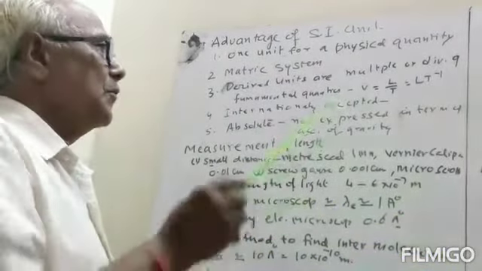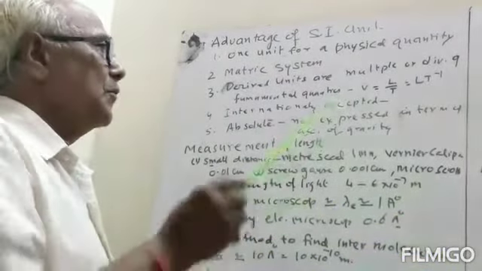The minimum length is the dimension or the size of a nucleus, which is of the order of 10 raised to minus 15 meter, and the maximum is the distance of earth from the sun or earth from other stars, which is of the order of 10 raised to power 12 or 13 meters. So there is a wide range of measurement of length.